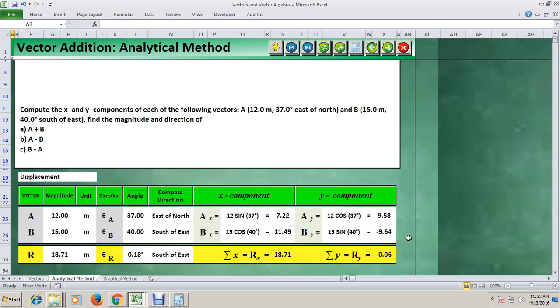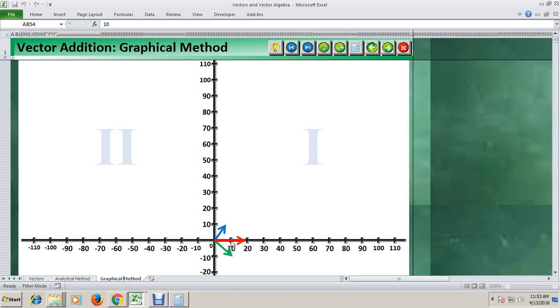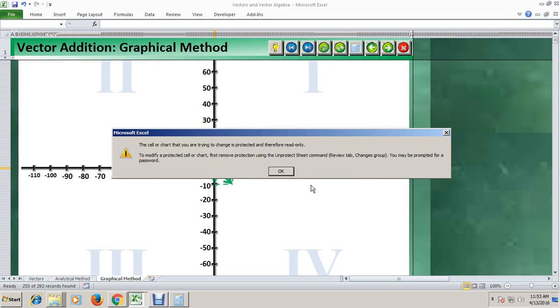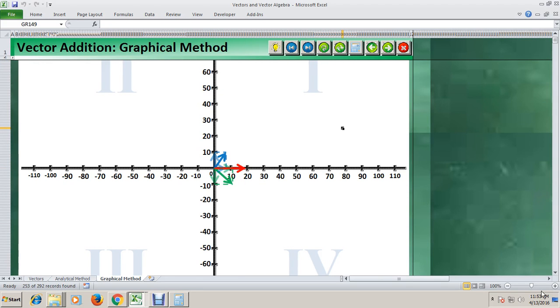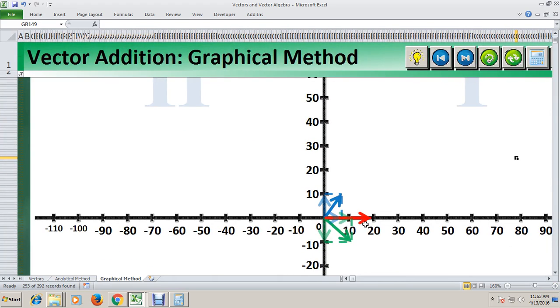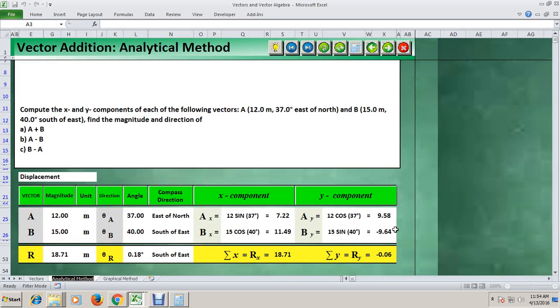Now, as for the computation for the y component of B, take note that vector B is located on the fourth quadrant, here the green vector, wherein the x component is positive and the y component is negative. So that means you have a negative y and you have a positive x.